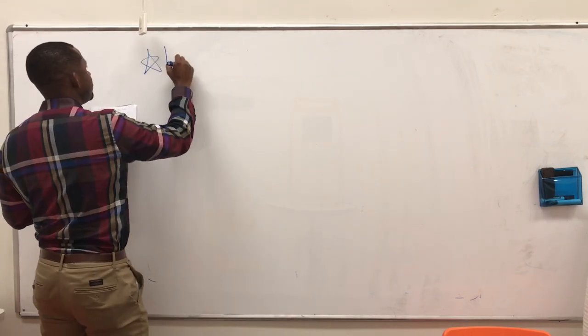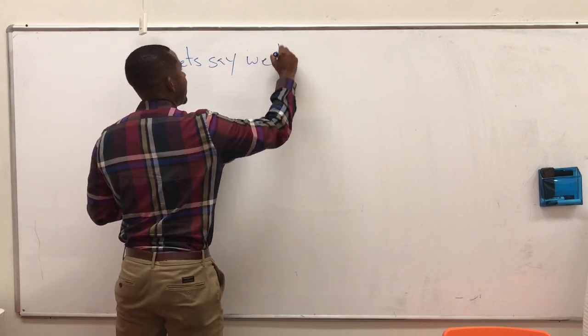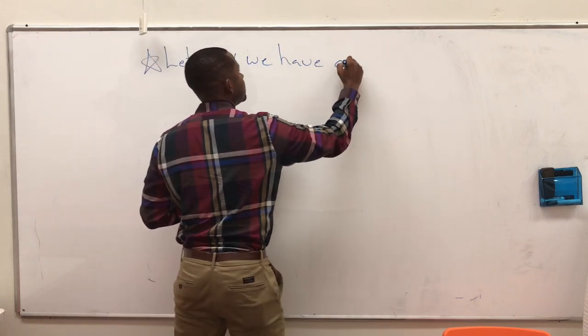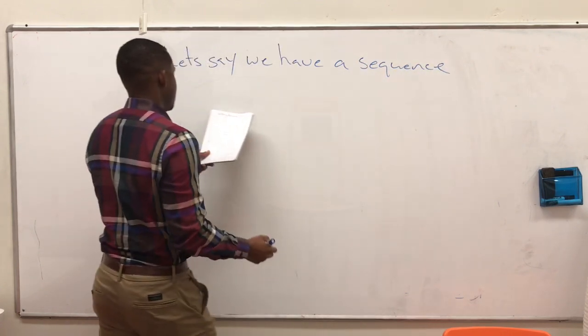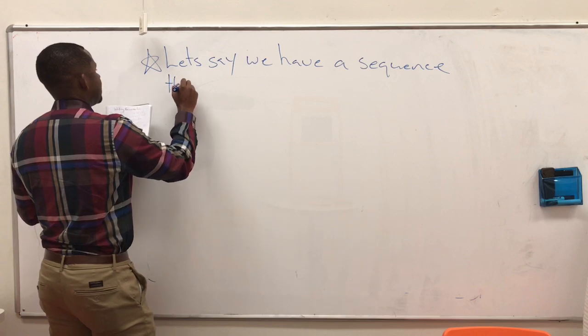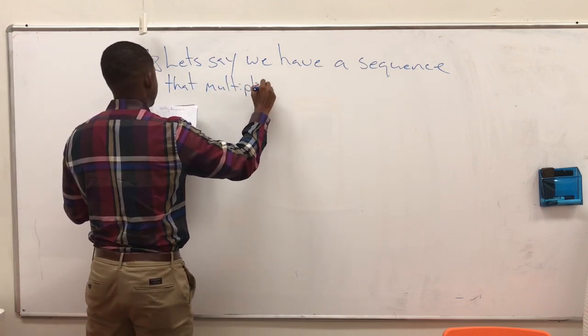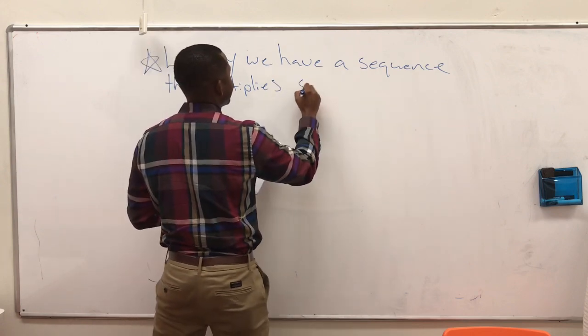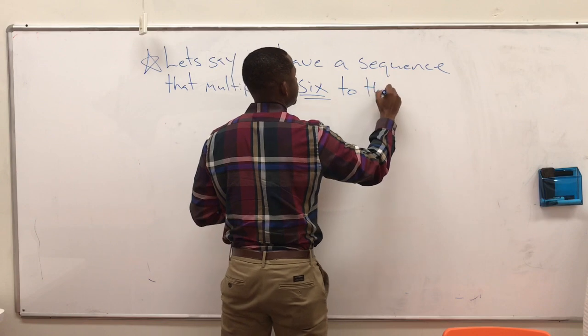So, we took that information that we had, now let's go right here. So, let's say we have a sequence that multiplies 6 to the previous term.